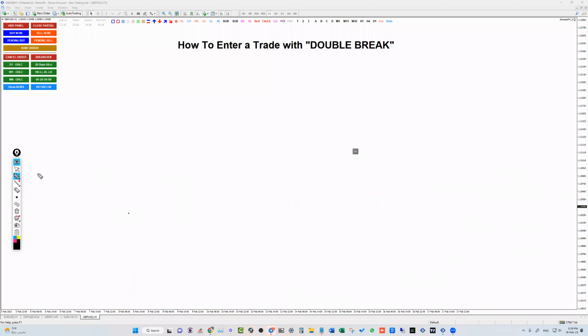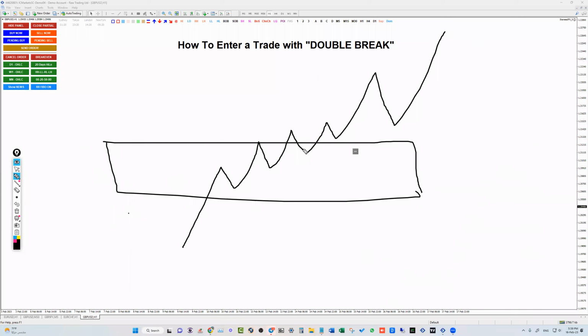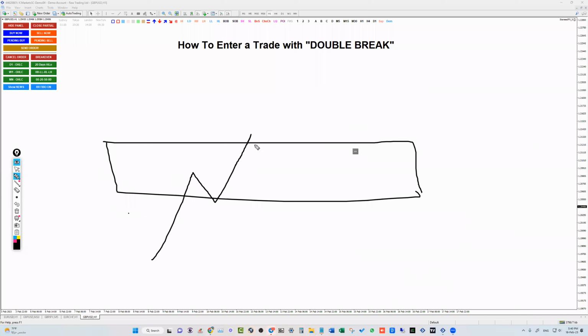Because, obviously, let's say this is a sell order block, for example, and this is a failed one, you will never see a double break. It will just keep continuing. So why bother entering? But with the double break here, okay, and then here, there is a new high that does not pass the last high. So there is a possibility.